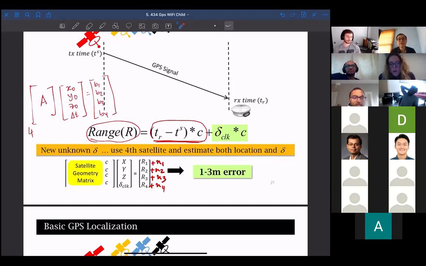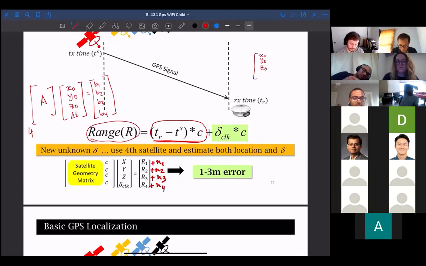No, this is where you always have to go back to the AX equals B formulation. You have 4 unknowns, so you can immediately write them: X0, Y0, Z0, and delta clock. These are your 4 unknowns.